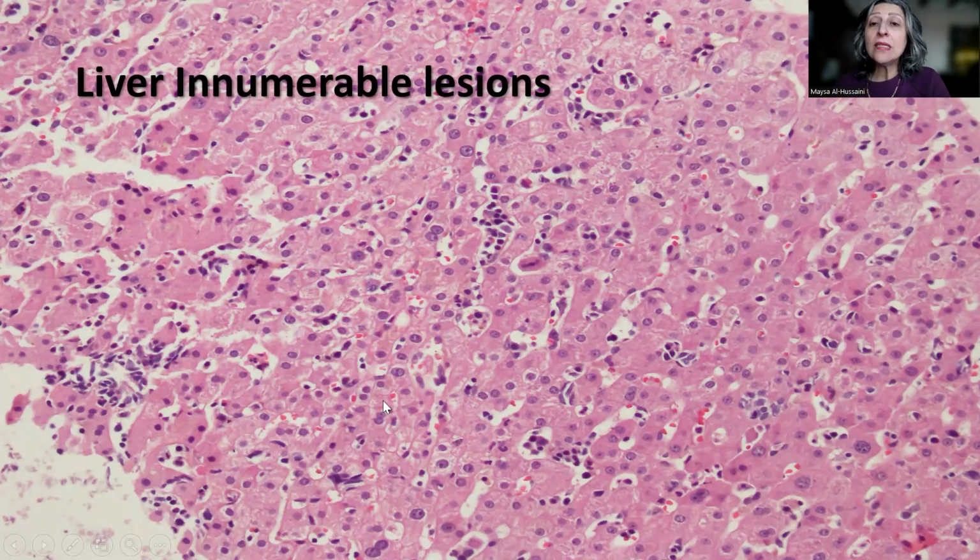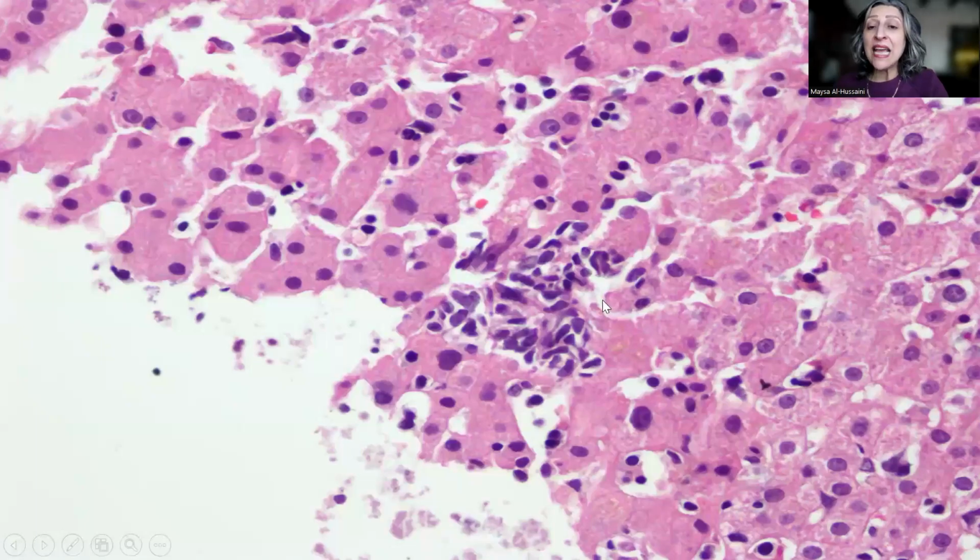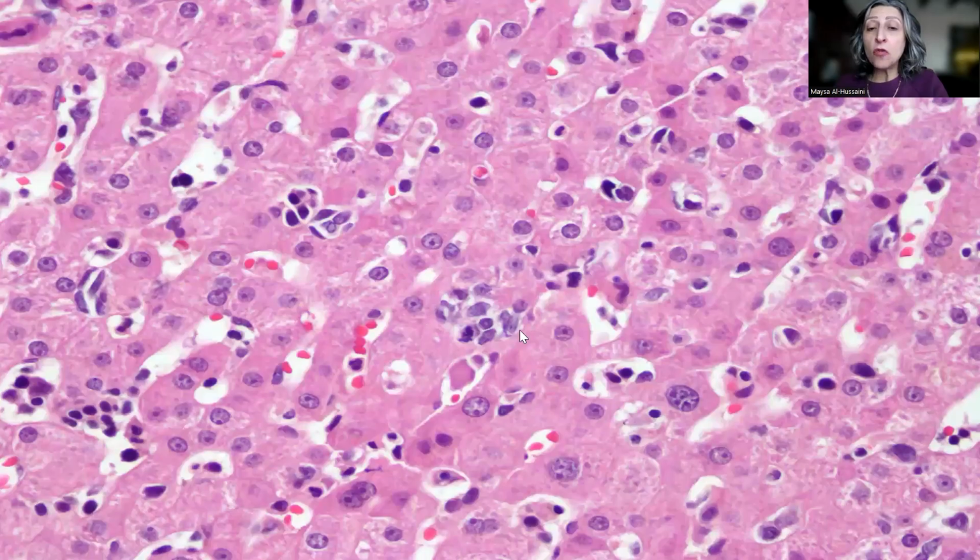As you can see in the liver biopsy, there are aggregates here, for example, of what looked like exactly the same tumor that was present in the bone marrow. Another focus is identified here, and another focus here, and this would correlate with the innumerable metastatic lesions present in the liver.